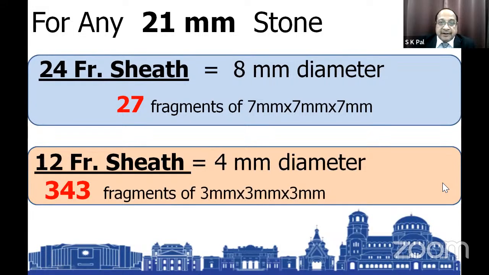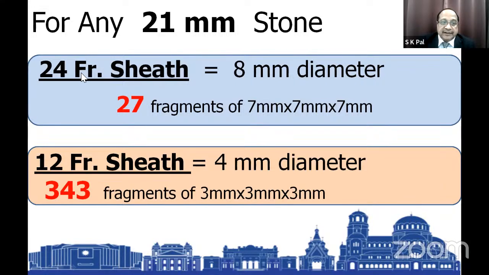To think about this practically, if you have a 24 French sheath which has an 8 millimeter internal diameter, from where you can remove a stone of 7 millimeter, you will be removing only 27 fragments.